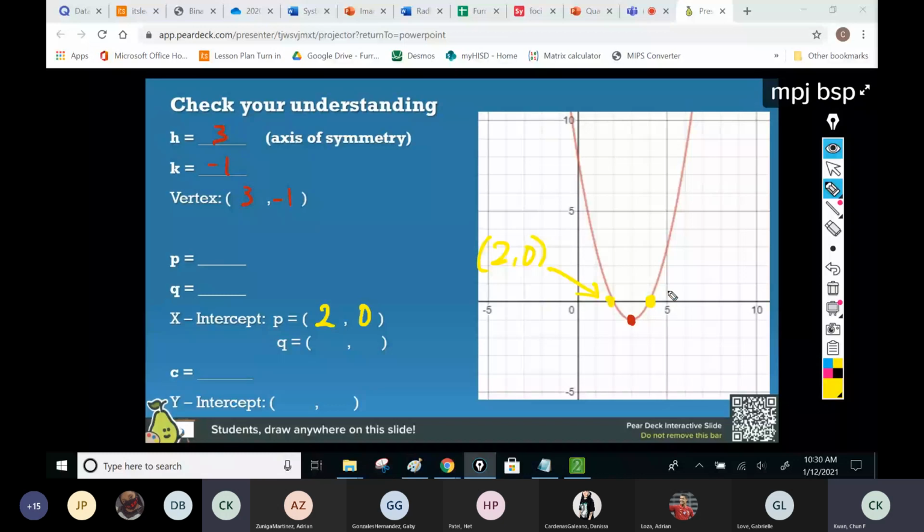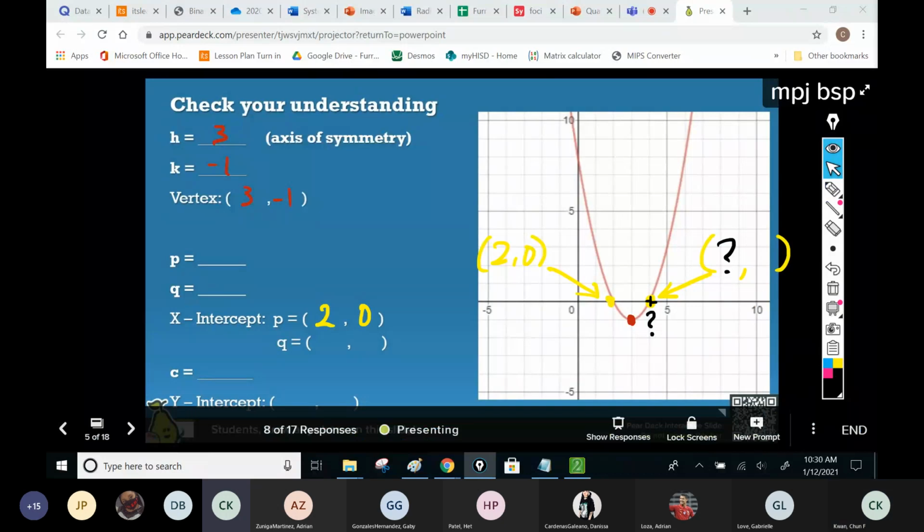All right, and the other one right here, look at what number on the x-axis it is crossing right here. 4 and 0, yes.